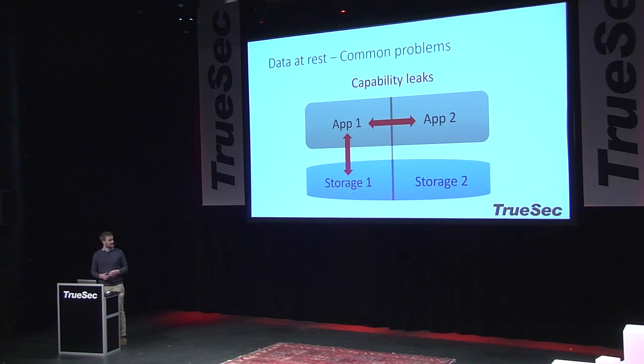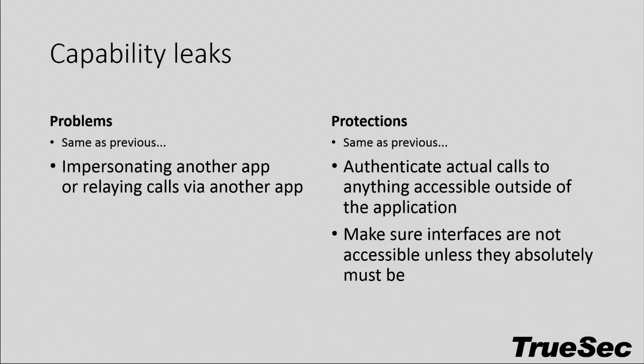Could be called some sort of confused deputy situation where the storage permissions are limited to app 1, but by leveraging app 1, app 2 gets the same permissions. So in this situation, we're impersonating another app by using an interface, and that's very common because people tend to add some sort of private interface or implicit interface to their application that's supposed to be only used from the application, but could be called from another application.